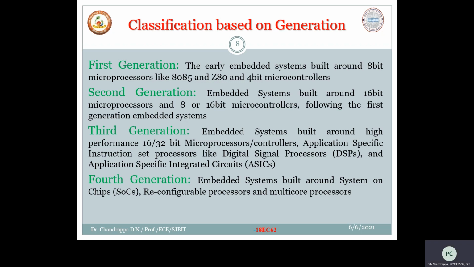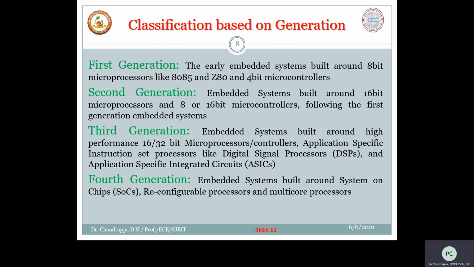And next, the second generation. During the second generation, they advanced a little bit. What they introduced in the first generation as 8-bit is now a 16-bit processor. And in the first generation, 4-bit microcontrollers; in the second generation, they introduced 8 or 16-bit microcontrollers.